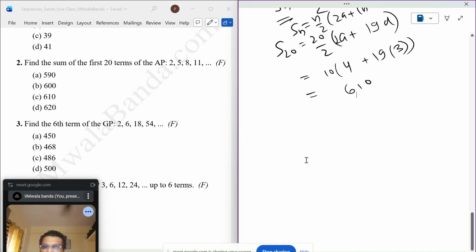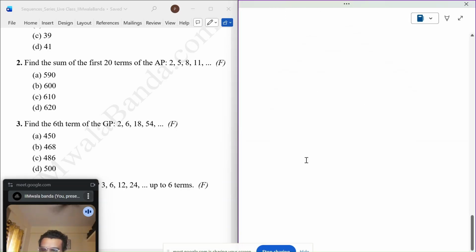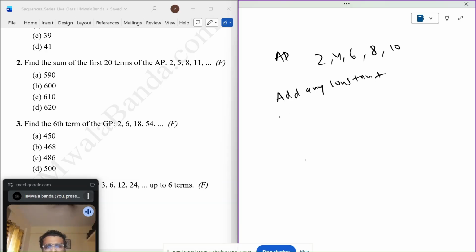Got it? Again, before we move, there are some very important things that you should know. Any AP, again, I will take my standard AP for you to understand. I can add any constant. I can subtract any constant. Let's see if I can multiply and divide.